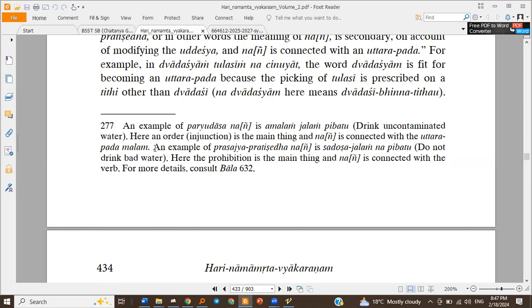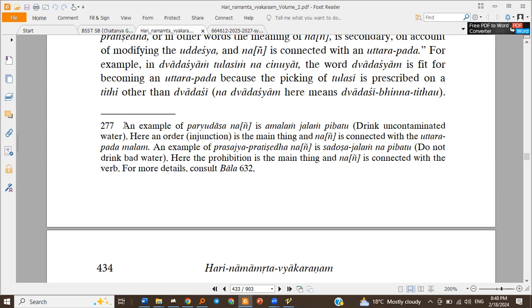An example of prasajya pratishedha na is sadosham jalam na pibatu. The same sentence said in another way: do not drink bad water. Here the prohibition is the main thing, and na is connected with the verb.